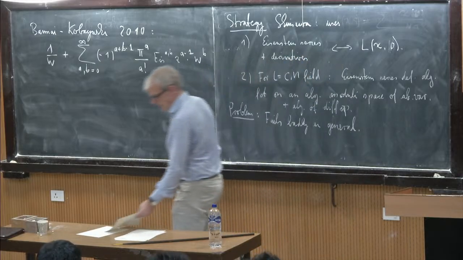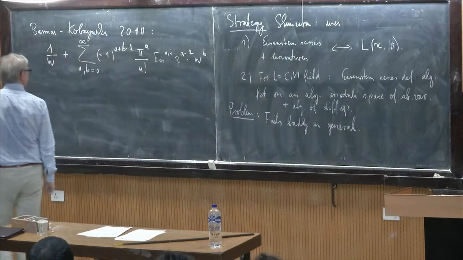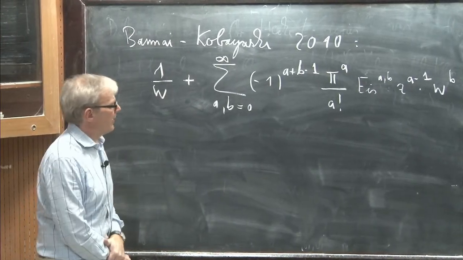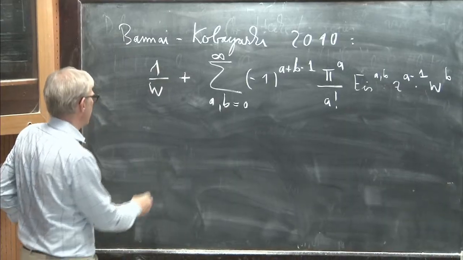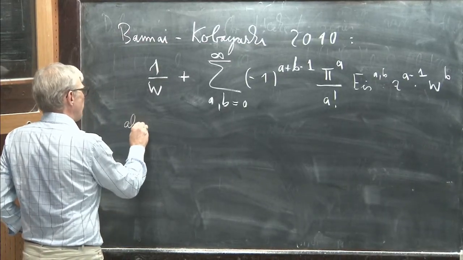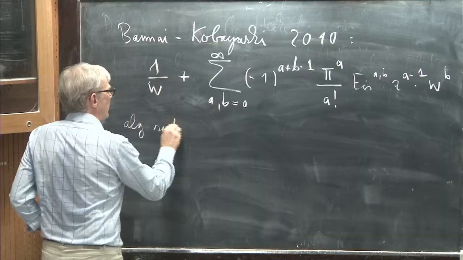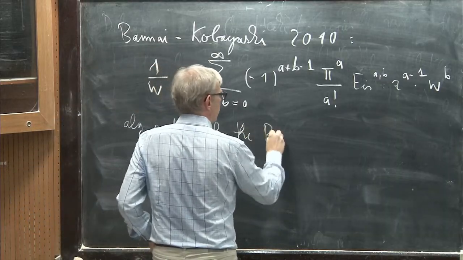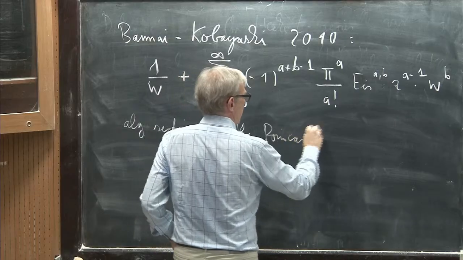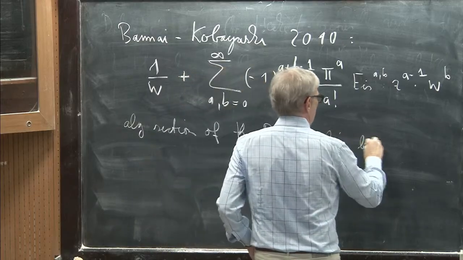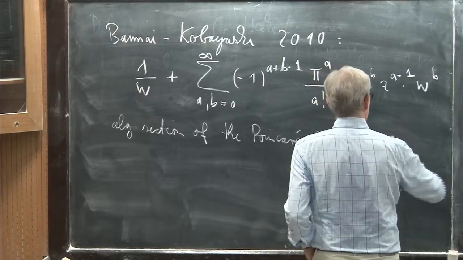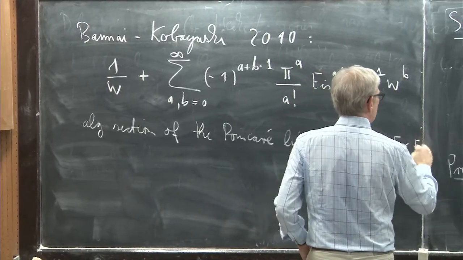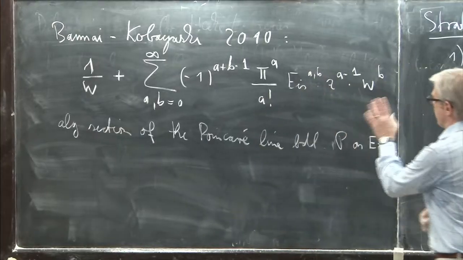And this generating series is an algebraic section of the Poincaré line bundle P on the underlying elliptic curve, which is in the background.